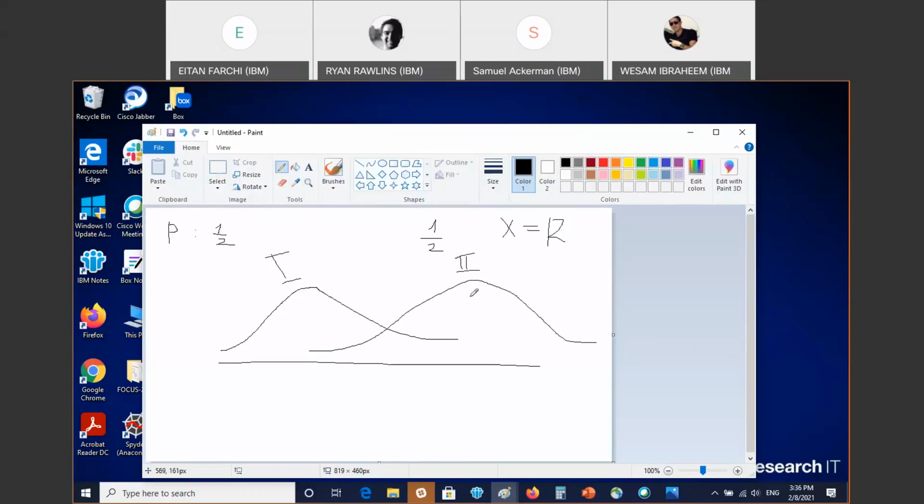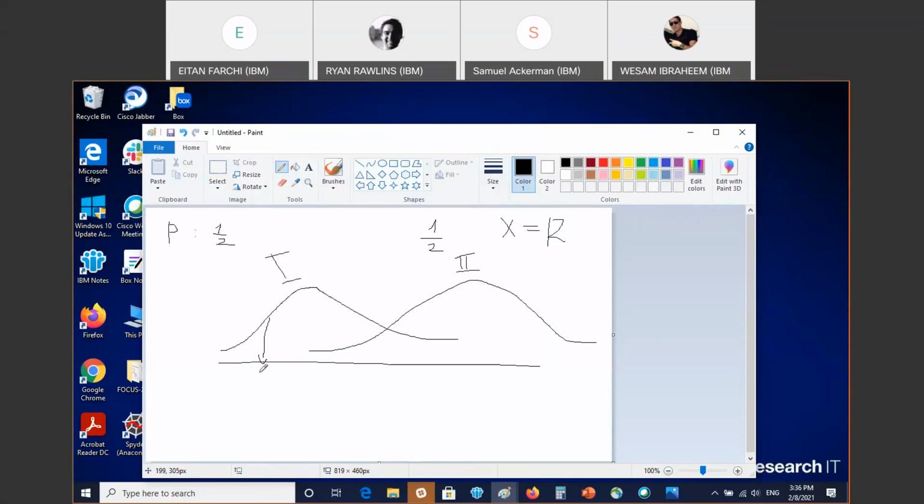And then the adversary chooses a point using the Gaussian. Say the adversary flips a coin and chooses this Gaussian. Now, using Gaussian number 1, a point is chosen here. There's some probability of getting that point.